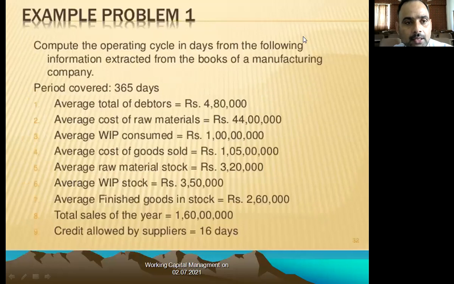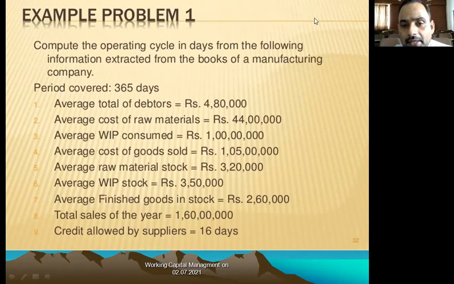Now let's use all these formulas on the basis of this numerical. Compute the operating cycle in days from the following information extracted from the books of a manufacturing company. The period considered is 365 days.